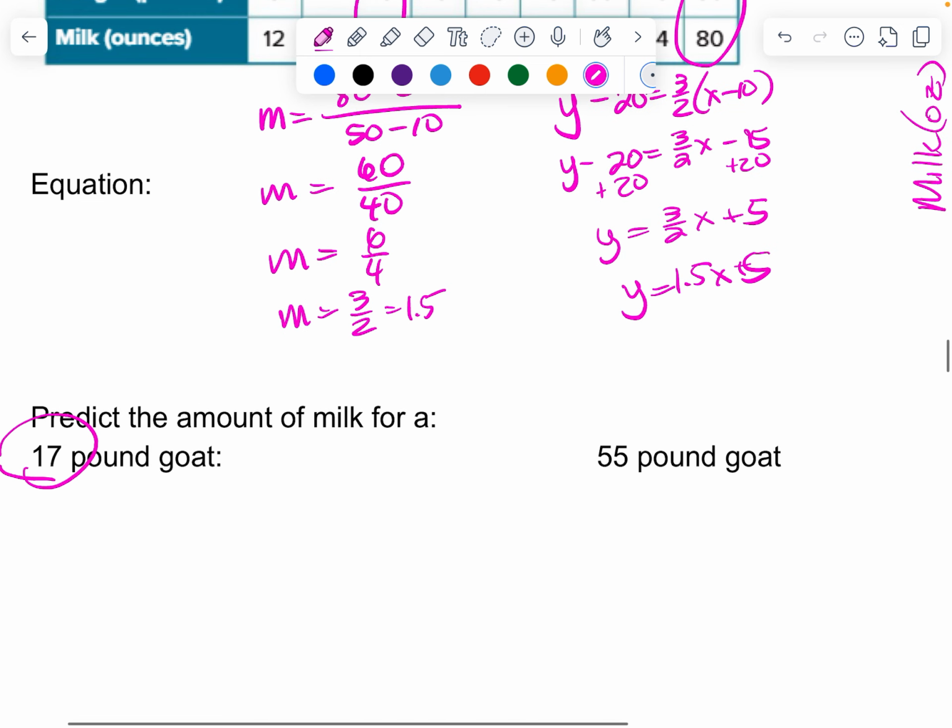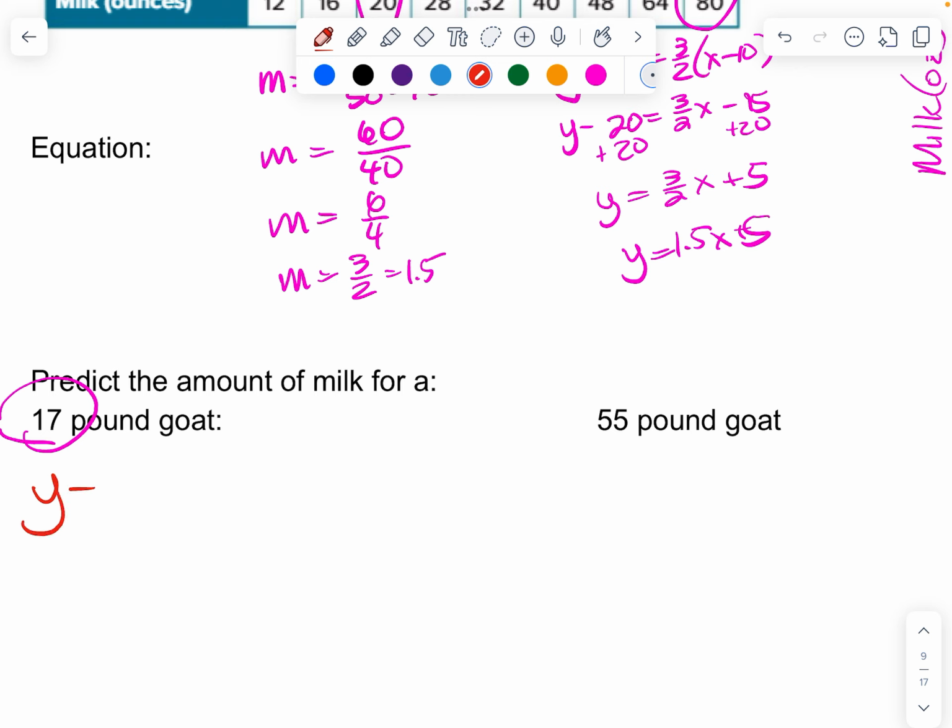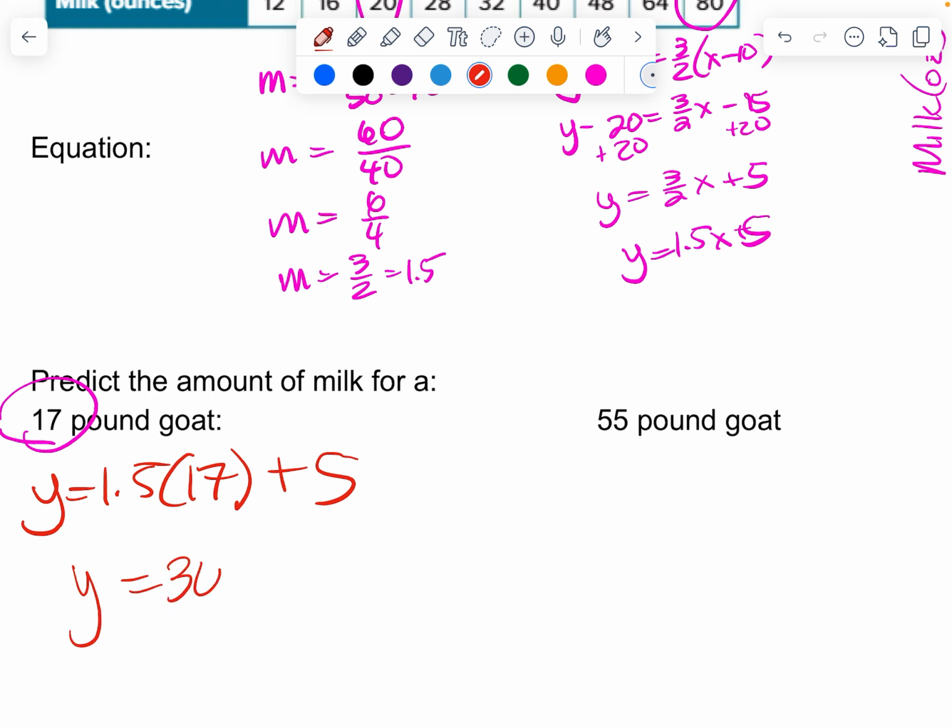Okay? So if I was to plug this in, this is the equation. I have 17 pounds. So I'm going to plug it in. y equals 1.5 times 17 plus 5. So I take my handy dandy calculator. I put in 1.5 times 17 plus 5. And I would get y equals 30.5. So I made a prediction that that would be 30.5 ounces.